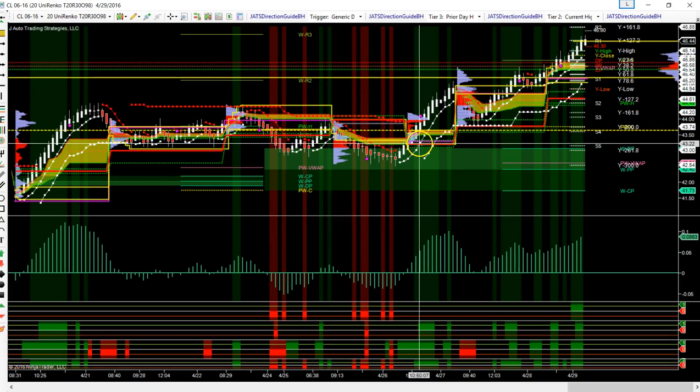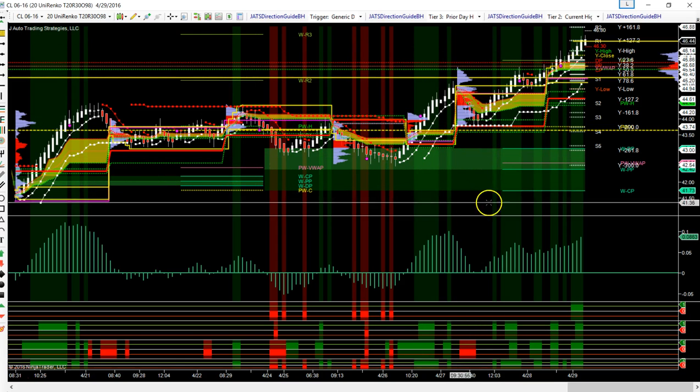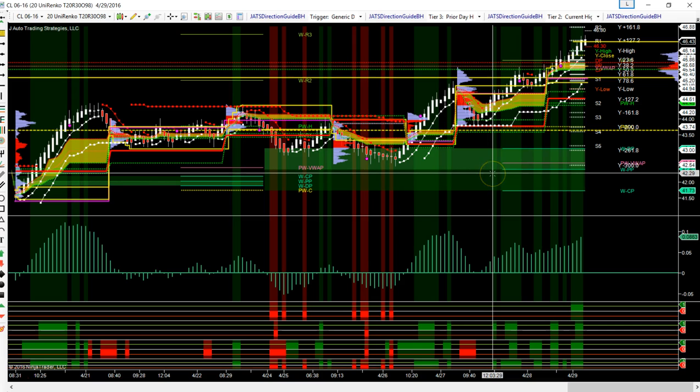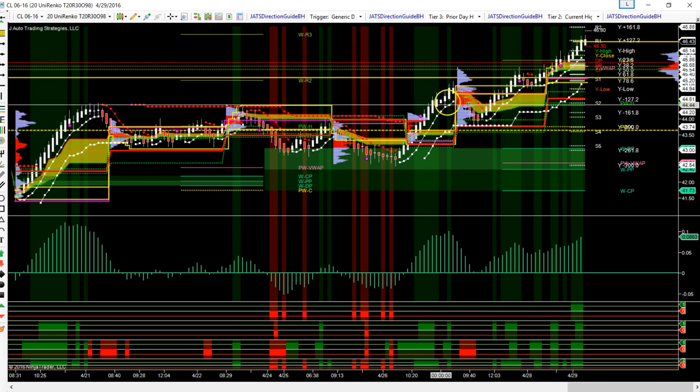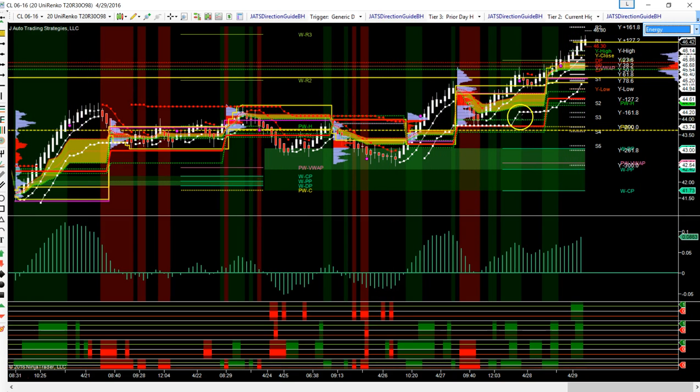Here is the direction guide. I've got it on generic, meaning the green color stripes are printing because the algo has got all the conditions being met at this time. If I just want to trade the regular trading hour session, I can change it to my market. This was yesterday.